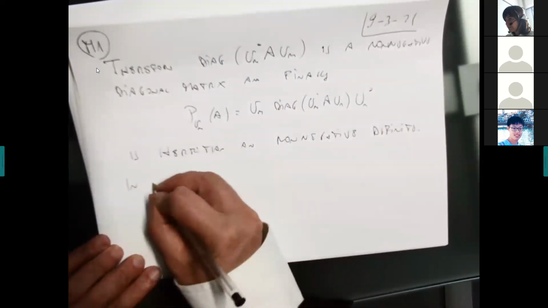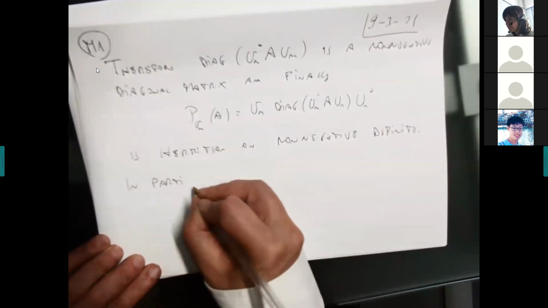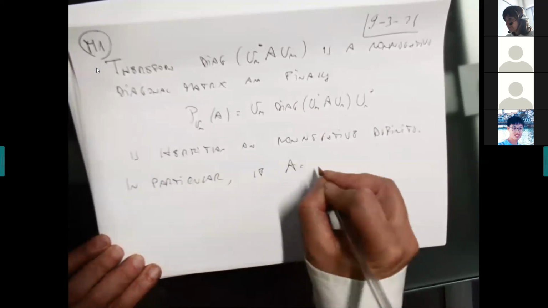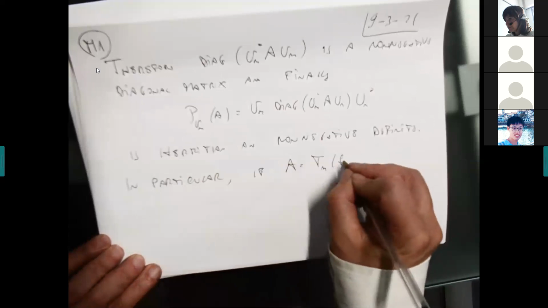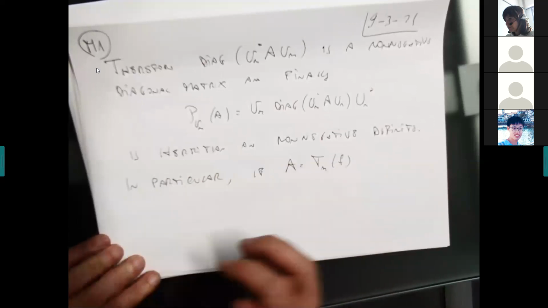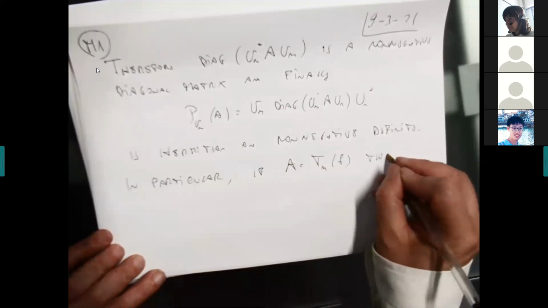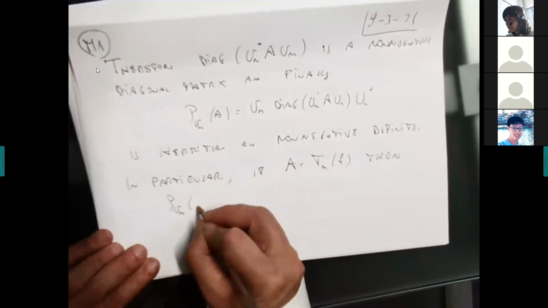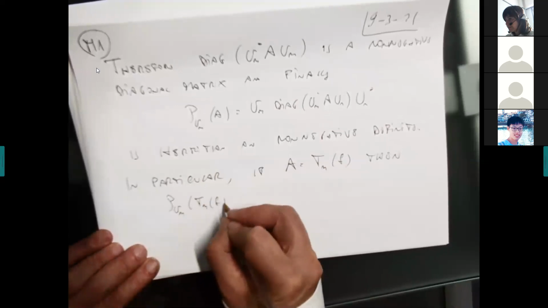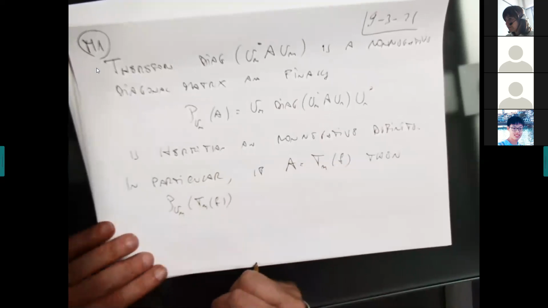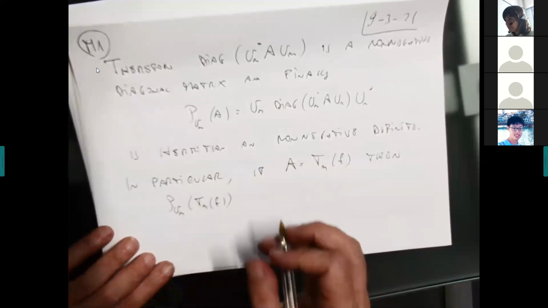In particular, if A is equal to Tn of F, so it's a Toeplitz matrix generated by F, then P_UN of Tn of F is a composition of two linear positive operators.